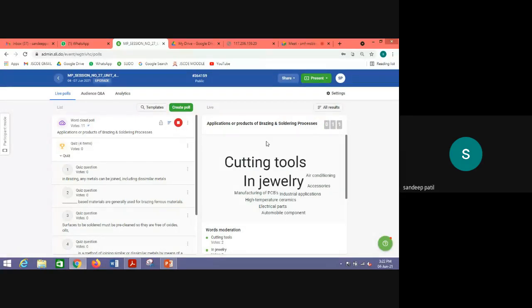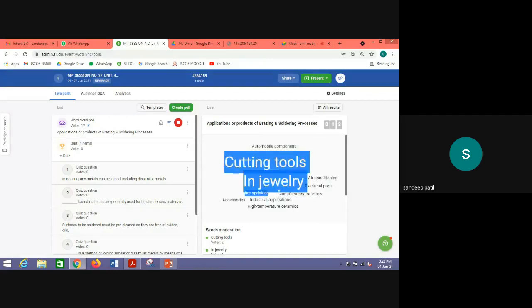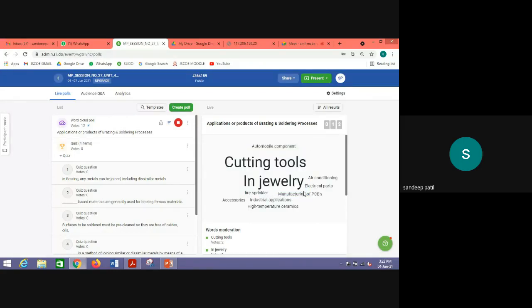Electrical parts, manufacturing of PCBs. Correct. Manufacturing of PCBs, soldering process is used. For brazing, cutting tools, automobile components, jewelry, fire sprinklers.